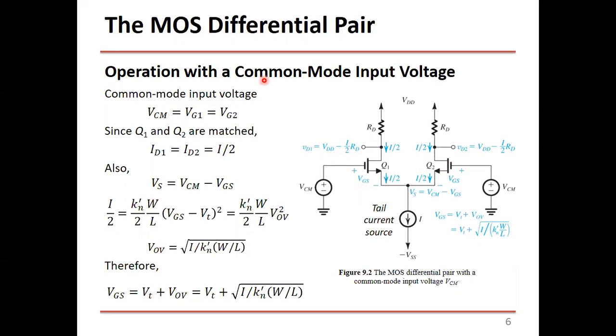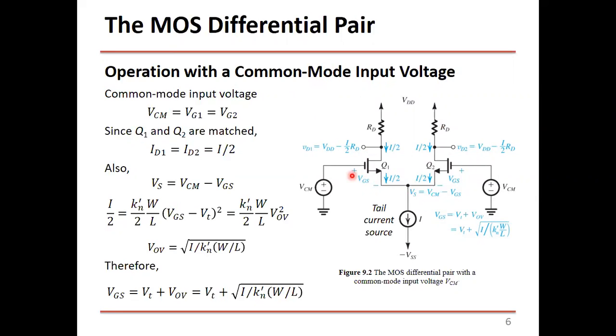Now we are going to analyze this configuration in 2 modes. The first one is known as the common mode, where we have exactly the same signal applied to the 2 inputs. You can see that the differential pair has 2 inputs and 2 outputs, so we're going to see the behavior of this structure for 2 modes of inputs.